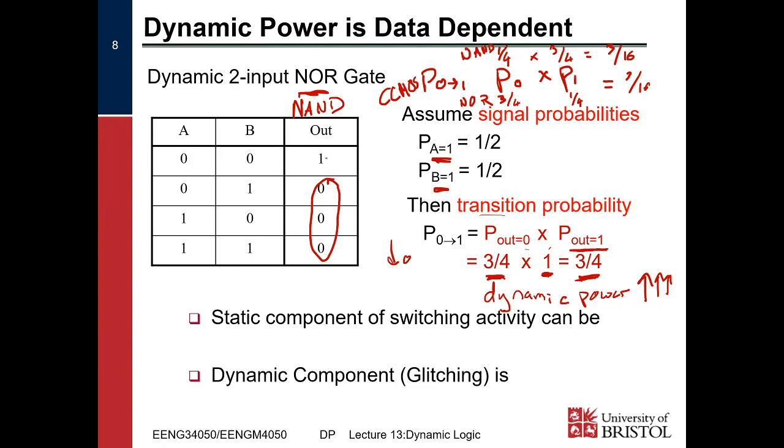However, for dynamic logic, it would be 1/4 times 1, meaning a probability of 1/4. A NAND gate is going to be less power consuming than a NOR gate in dynamic logic, compared to complementary CMOS, where it's the same power, right? In fact, if you write out your truth table verbosely, your dynamic power is going to be proportional to the number of zeros in your truth table.